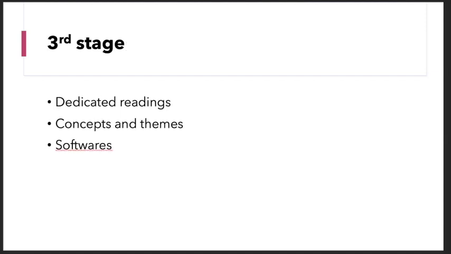Our third stage involves the dedicated reading of our studies and noting of concepts or themes, paying close attention to the details of the studies and what they tell you about your area of interest. This can be done by hand, of course, but using software such as NVivo or ATLAS.ti will save you lots of time and help you keep things organized.